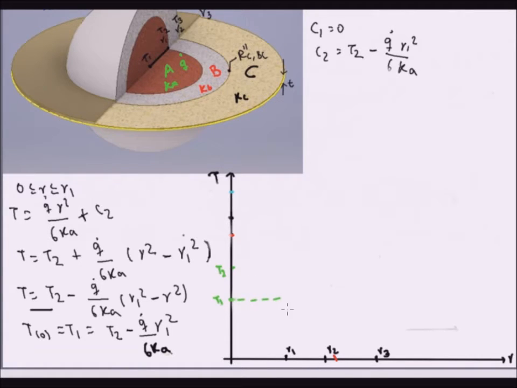And then we also know that at R1 the temperature is T2. So we have our starting point and our endpoint. We know that T2 must be higher than T1 because the fin is absorbing heat from the exterior. So the lowest temperature is at the center.